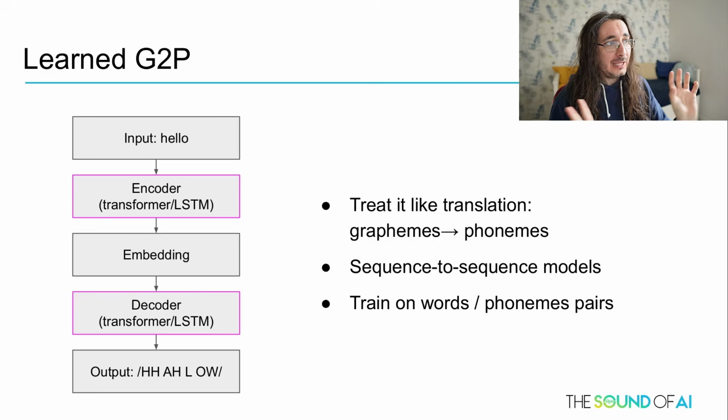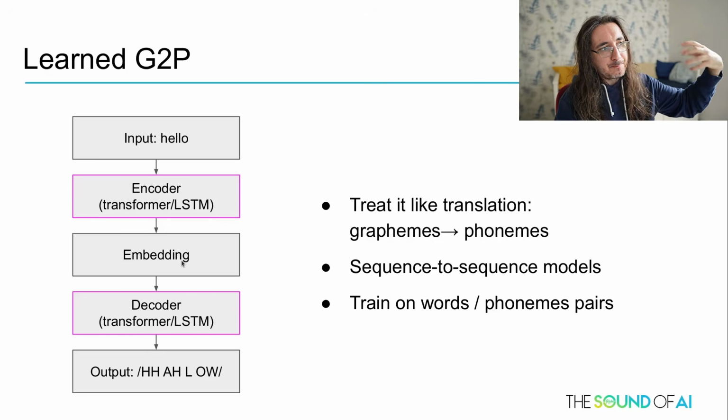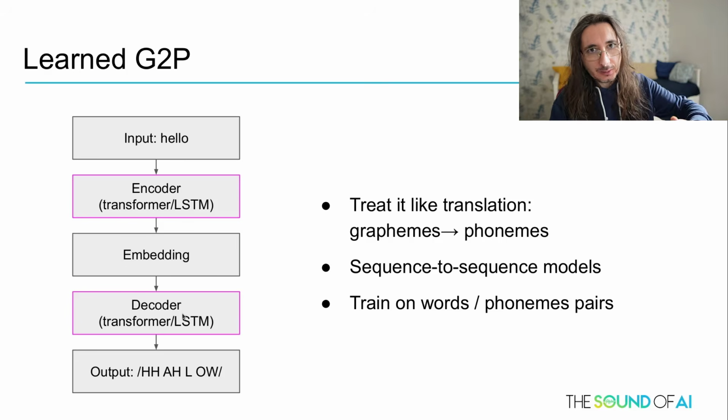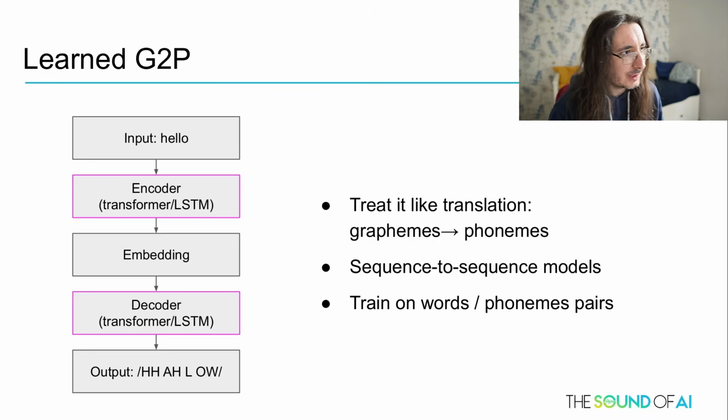The encoder could be a transformer or LSTM encoder, and it squeezes down all the information in the sentence into an embedding that has some context about the word and the sentence. Then we pass that embedding into a decoder. Once again, it's the decoder part of a transformer or an LSTM. These days it's usually a transformer. And at the output, we would actually get hello, written in phoneme format, in this case the alphabet.